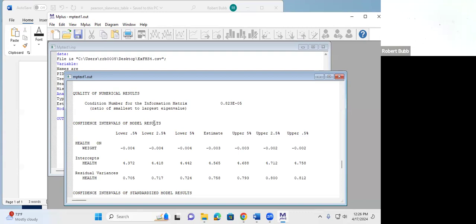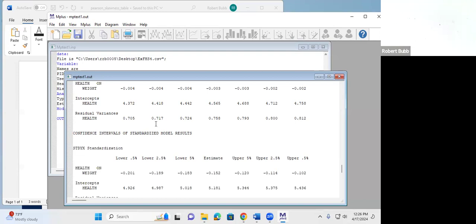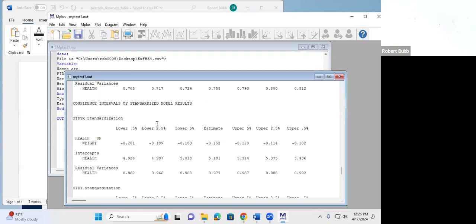Okay, so same thing below, you get some more confidence intervals of your standardized beta coefficient. It works exactly the same way, just realize it's your beta now. So it's centered at your beta, -0.152. Again, 95% chance that the true standardized slope in the population is between -0.189 and -0.114.